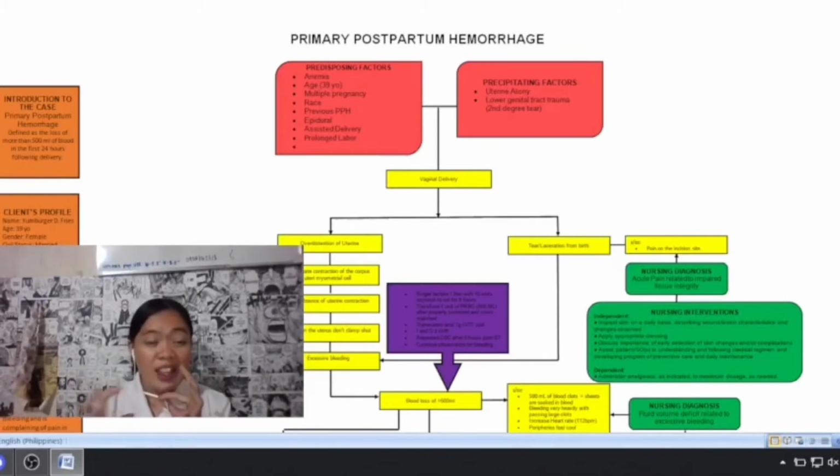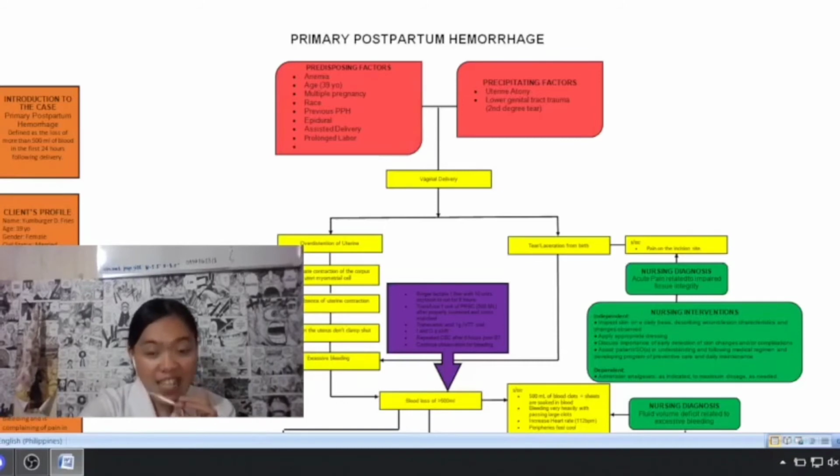This absence of uterine contraction leads to vessels in the uterus not clamping shut, because the contractions help to control the bleeding. When there are no contractions, there is no pressure to clamp shut the blood vessels, so the bleeding is continuous. So there is then excessive bleeding.